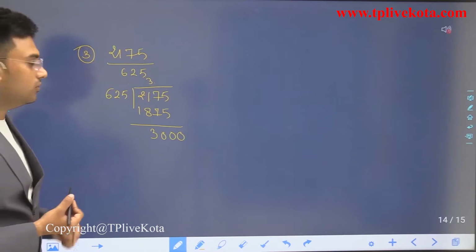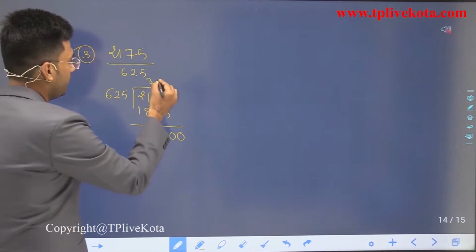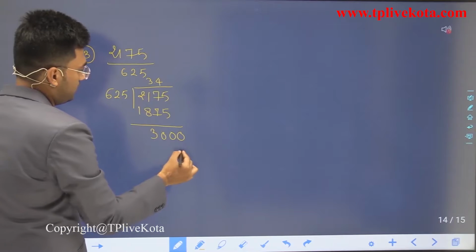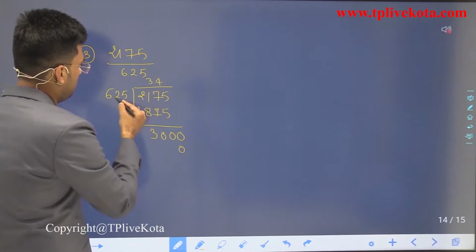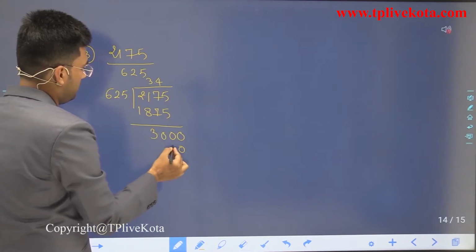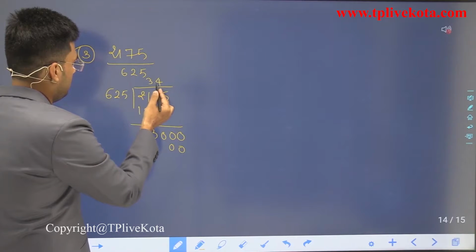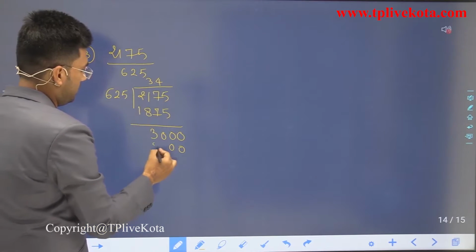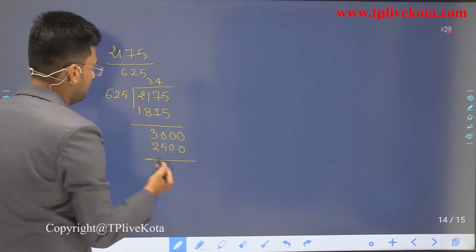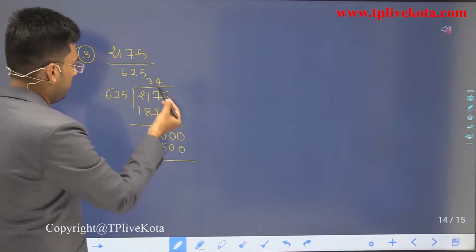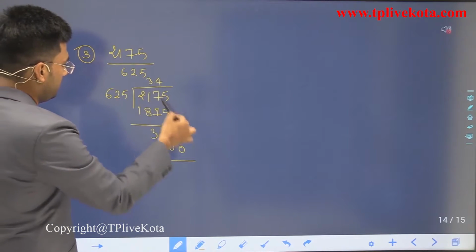Okay, now does it go 5 times? No, it is not 5 times, it is 4 times. 4 times 625 is 2500. Let's check one more time.